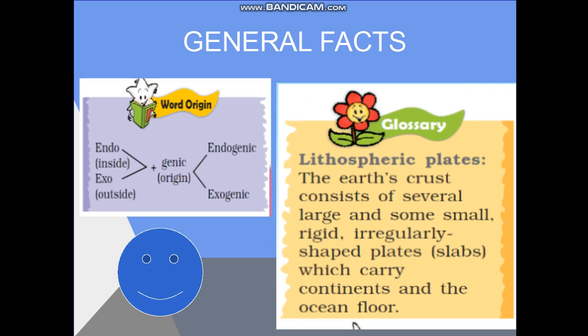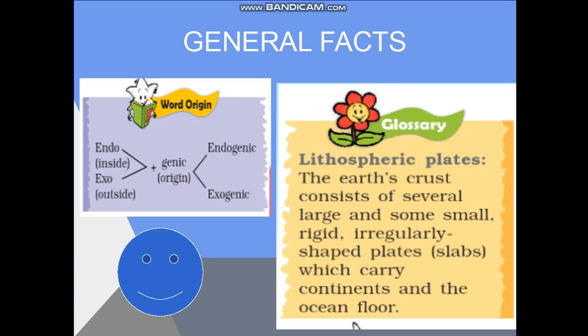Let's see some general facts. Word origin. Endo means inside. Exo means outside. So endo plus genic, genic means origin, equals endogenic, meaning the forces which are originated inside the earth.